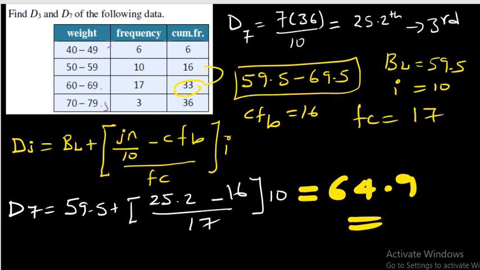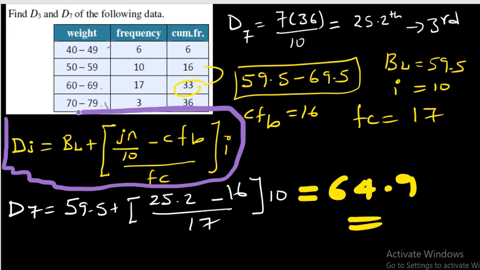It's going to be 64.9. Again, when finding the 7th decile, the game is the formula, and before the formula is identifying the class. Then every other input is found from the class before and the next, the lower boundary, the interval, everything. But don't forget to prepare the class boundary.